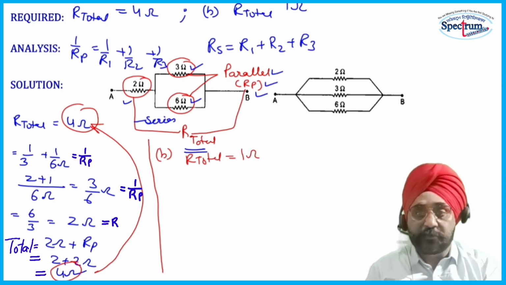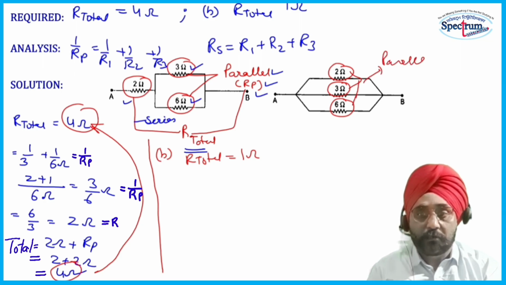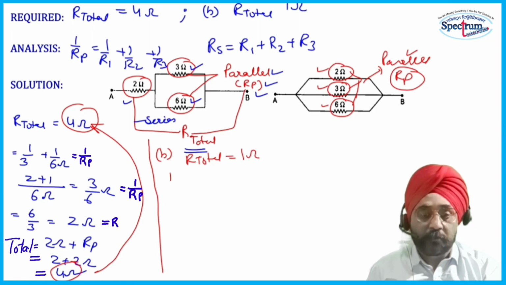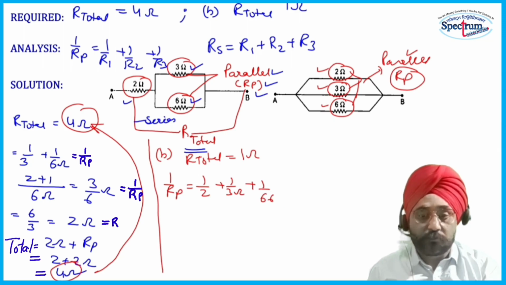In B part, R total we have is 1 ohm. In the second part, we combine all three resistors in parallel and find their RP. So we connect the three resistors 2 ohm, 3 ohm, 6 ohm in parallel combination and find RP. 1 over RP is equal to 1 over 2 ohm plus 1 over 3 ohm plus 1 over 6 ohm.